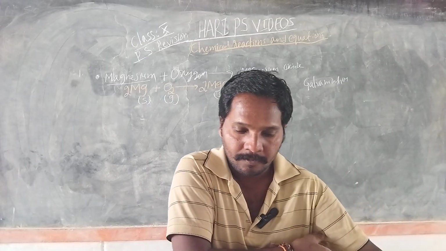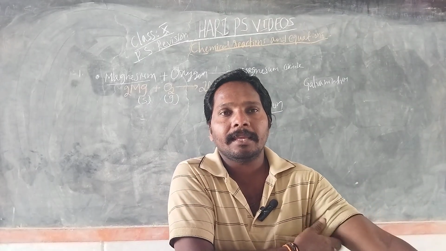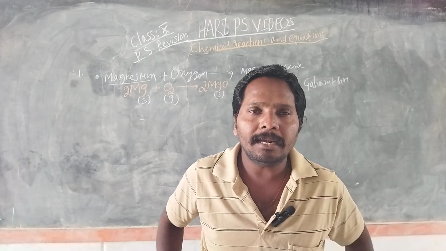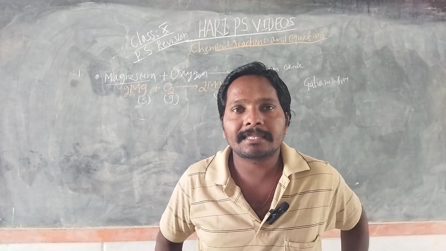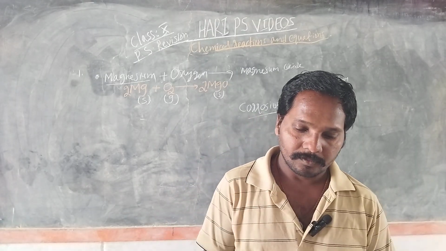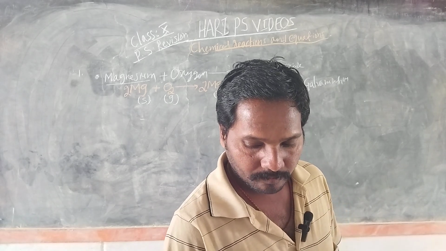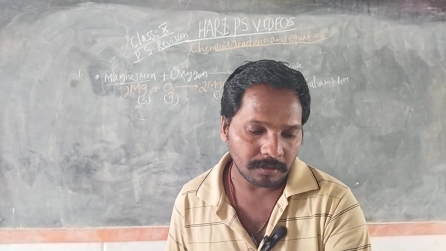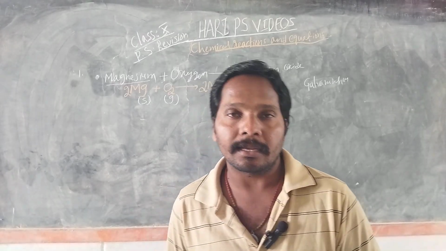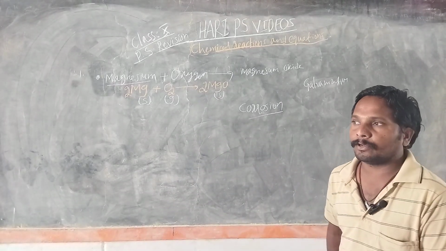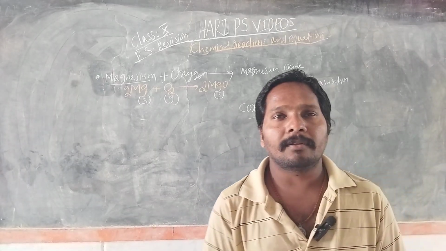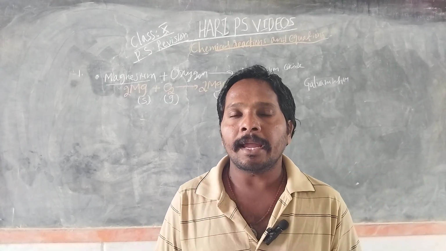What are they? We must add antioxidant substances. Second one, packing of food in nitrogen gas. Chips, kurkures and food packings are filled with nitrogen.